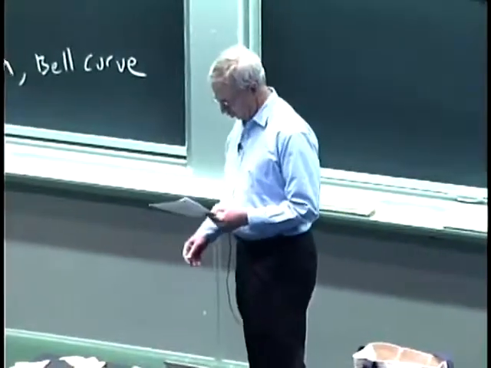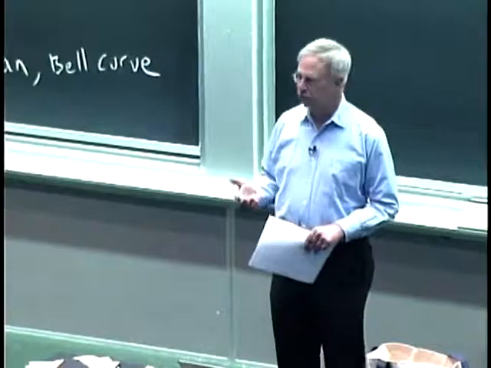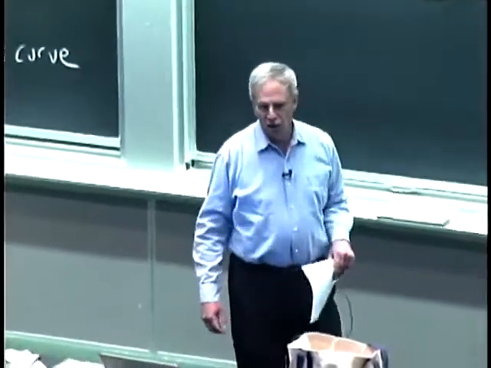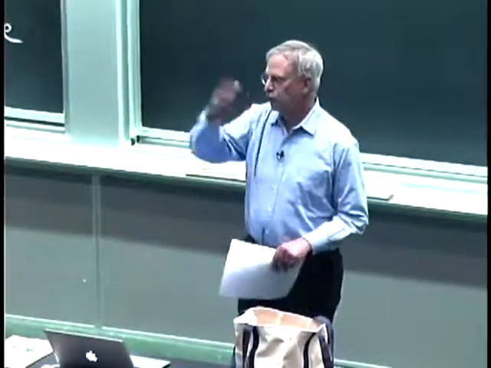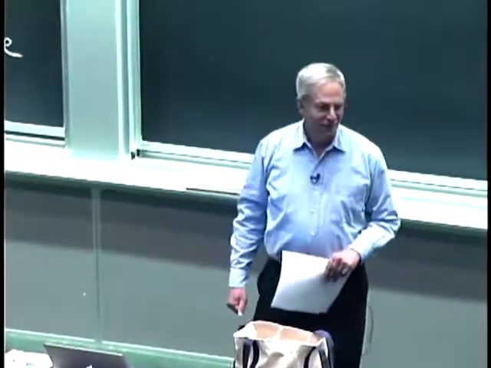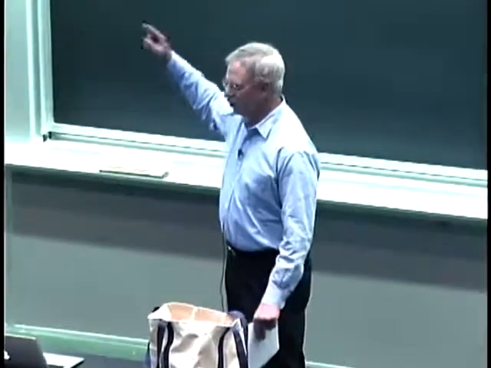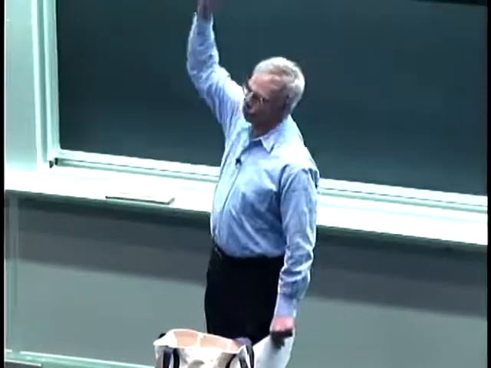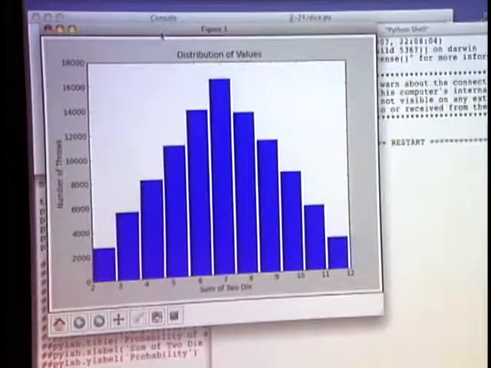Where do we see it occur? We see it occur all over the place. Well, certainly we see it throwing dice. We see it occur in things like the distribution of heights. If we were to take the height of all the students at MIT and plot the distribution, I would be astonished if it didn't look more or less like that. It would be a normal distribution.